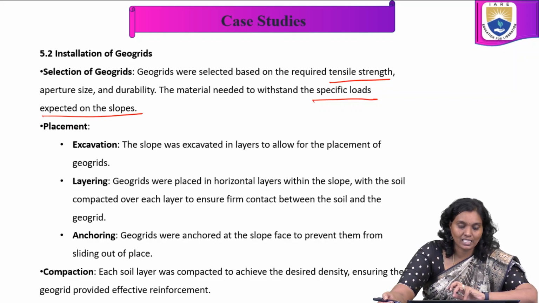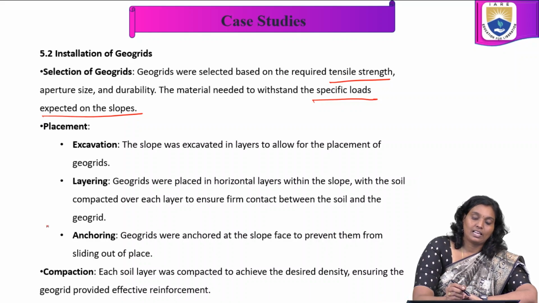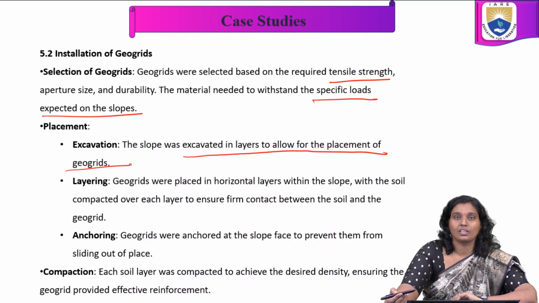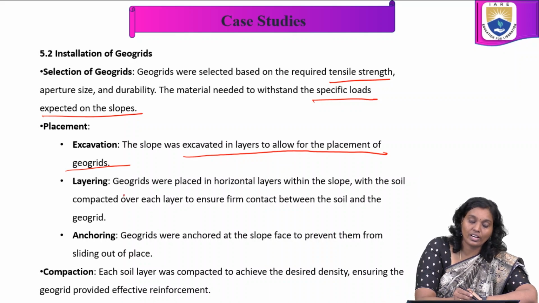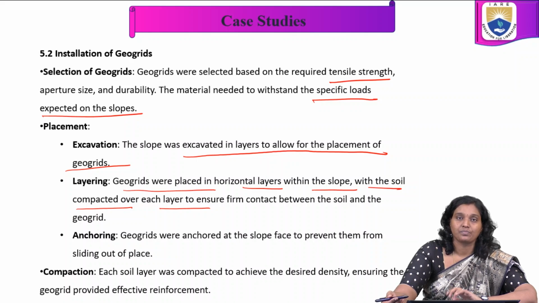The placement involves excavation, layering and anchoring. In excavation, the slope was excavated in layers to allow for the placement of geogrids. In layering, geogrids were placed in horizontal layers within the slope, compacted over each layer to ensure firm contact between the soil and the geogrid.